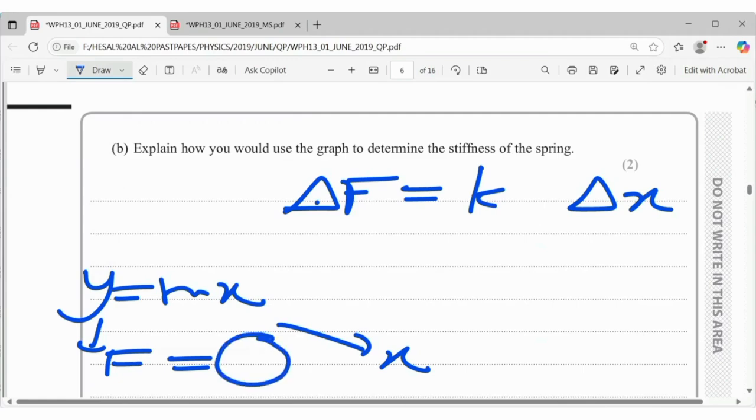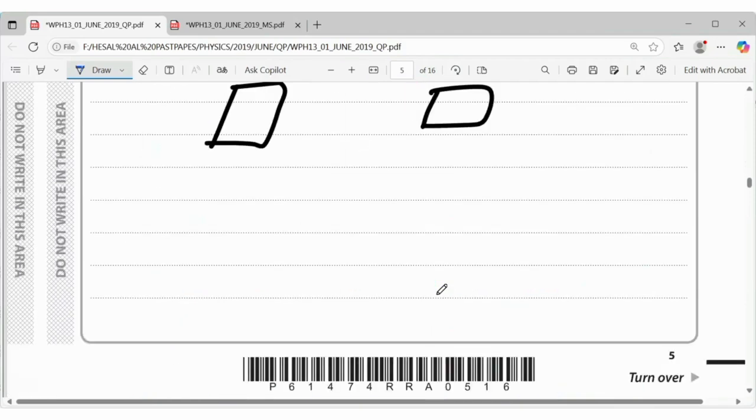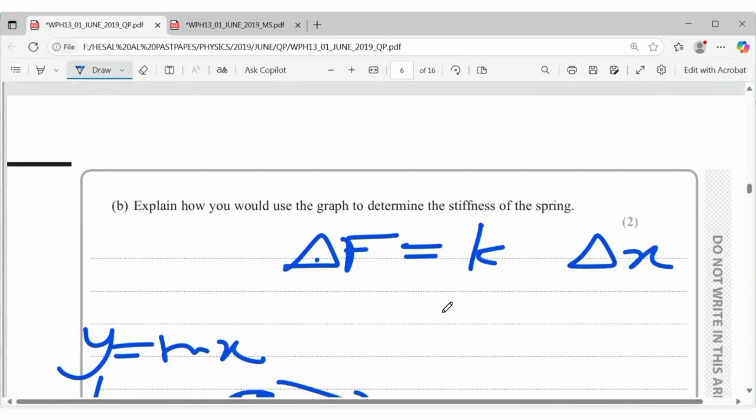Matching with this, the gradient gives k. But which part of the gradient? Clearly remember, only the linear part. Linear part means the straight line part; you can find its gradient, and you have to consider as large a triangle as possible. So there you can get the gradient, which is equal to your stiffness.